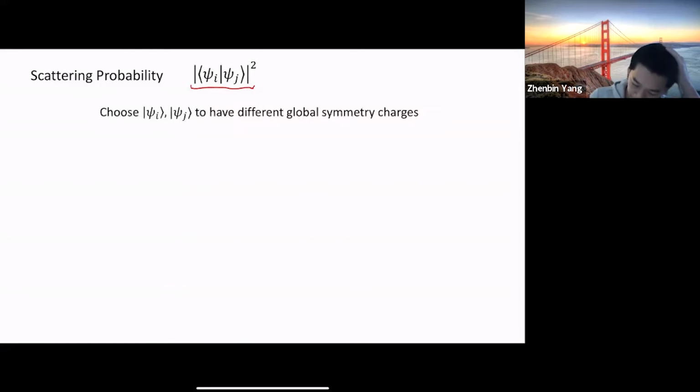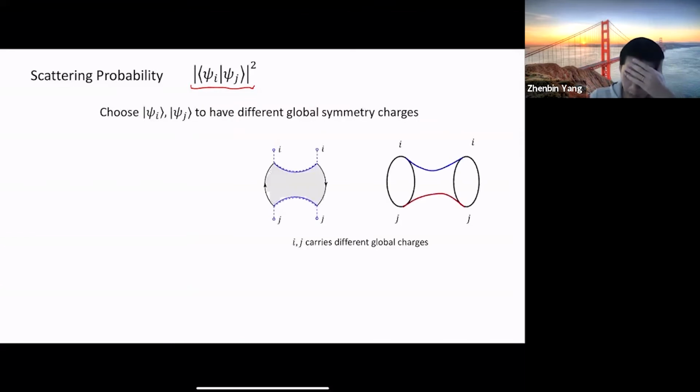If we choose psi_i and psi_j to have different global symmetry charges, then we will find that although the scattering amplitude <psi_i|psi_j> is equal to 0, their probability will be non-zero. The scattering probability will be non-zero due to the existence of a wormhole.